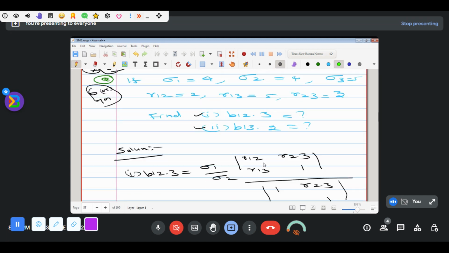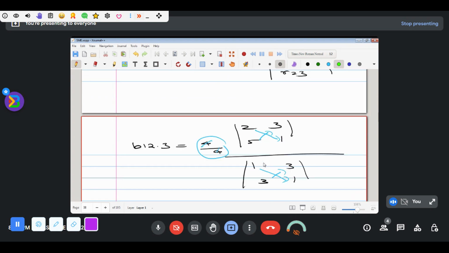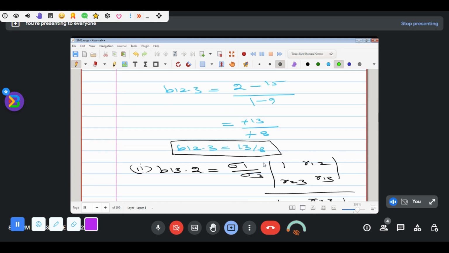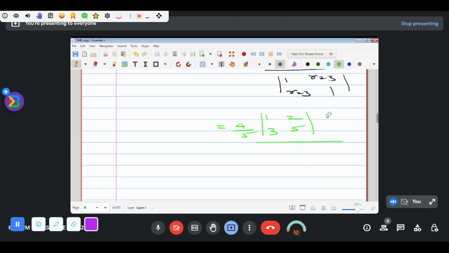Sigma 3 is 5, and R12, R13 values are already given. Replace the values: R12 value is 2, R23 value is 3, R13 is 5, divided by R23 value 3 only.